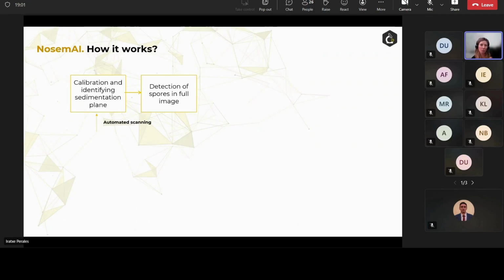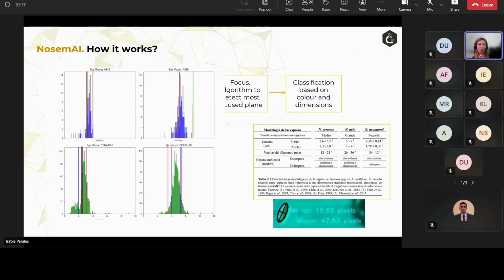Then we have a first model for detection of spores in the full image, and when we have detected the microorganisms, then we look for the first focus and detect where the particles are. And then we also have a classification based on the shape, the color, and the dimensions. The dimensions of the particle help us to classify and dismiss yeast and Nosema spores.